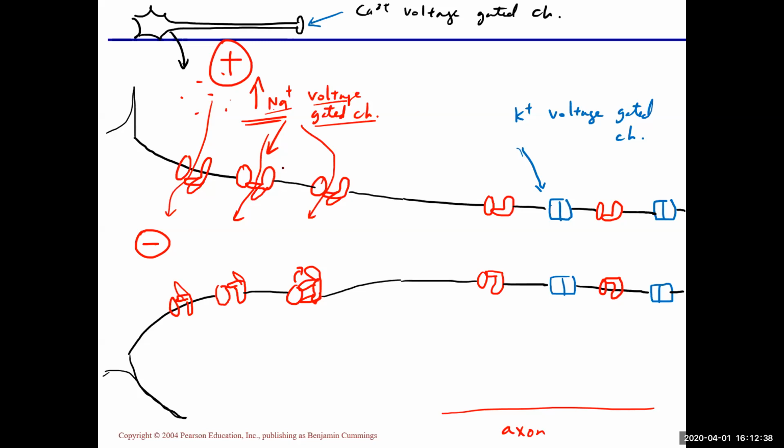When these channels are open and you have a higher amount of sodium outside, one reason sodium rushes inside is because you have lower sodium inside. The second reason is positive and negative attract one another. So this is called electrochemical reasons. Chemical because there's a higher concentration of sodium outside as opposed to a lower amount of sodium inside.